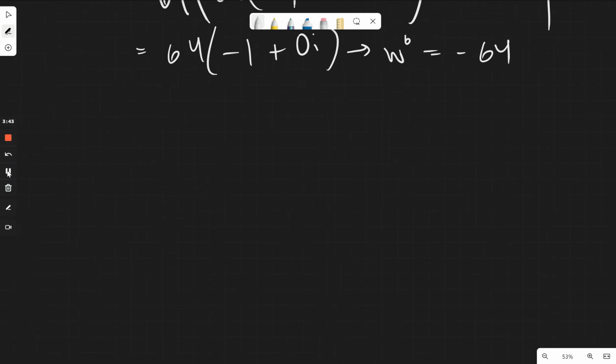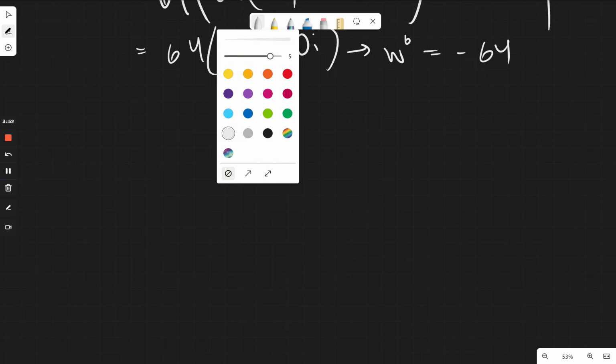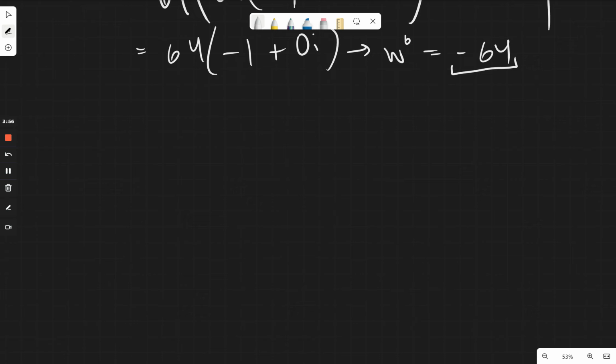All right, now let's talk about taking the roots of certain numbers using DeMoivre's theorem. So since we already have this number and we know one of the 6th roots of it, let's just try to take the 6th root of negative 64.